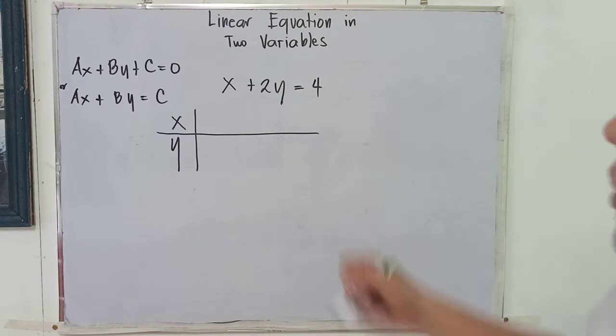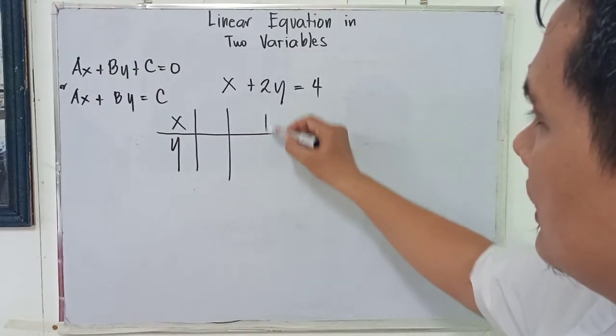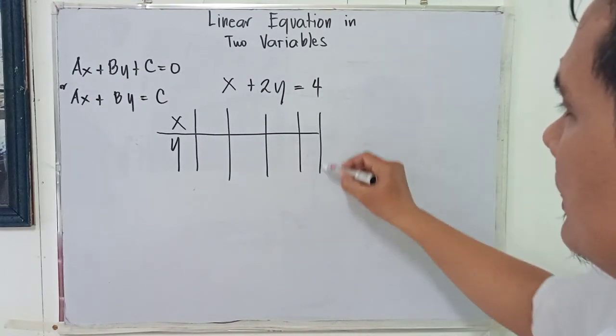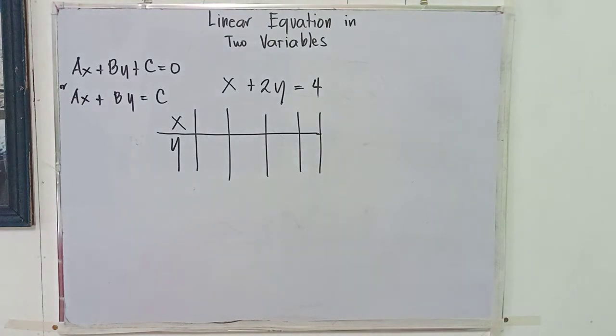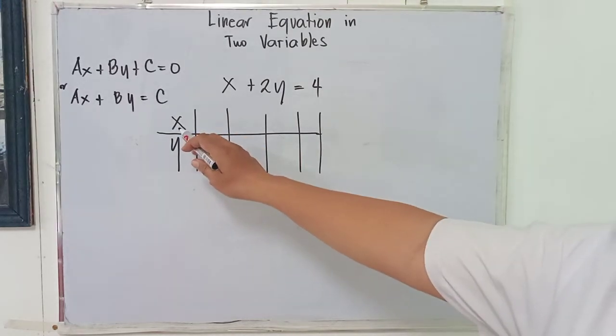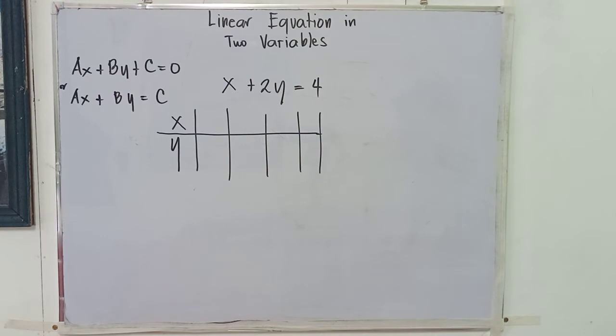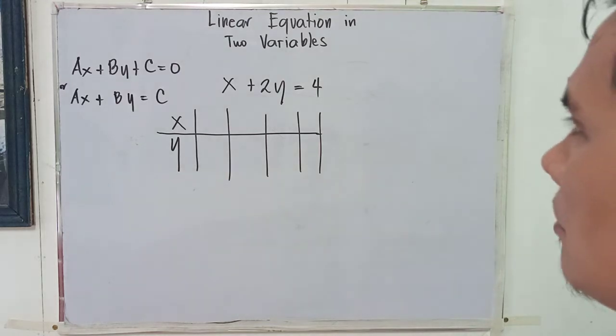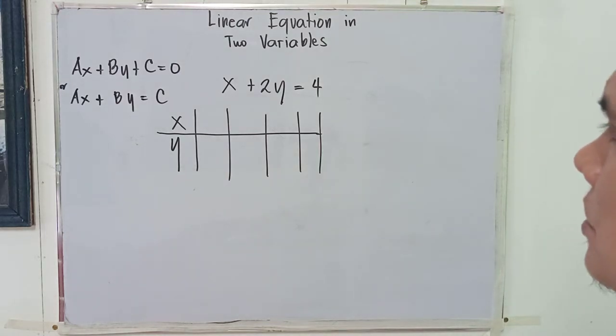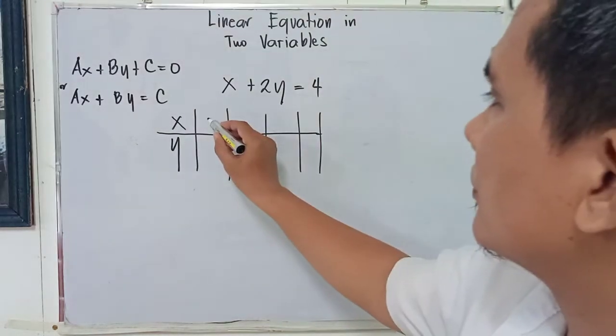So it means that we're going to represent any number, it might be 0, a positive number, or a negative number, to our x, then substitute that and solve for the corresponding value of y, if we have used that value for our x. So what number do you like? Let us try to use 0.